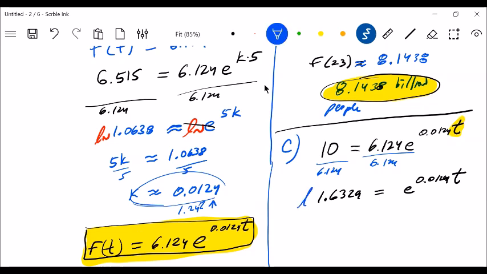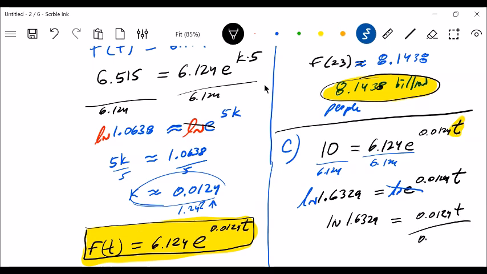So we will apply natural log to both sides. That will go away. And so now that means we're left natural log of 1.6329 is equal to 0.0124 t. Let's divide by 0.0124 now.